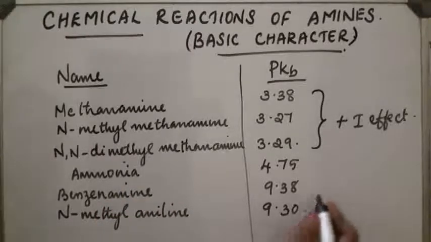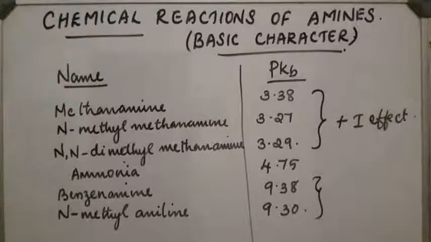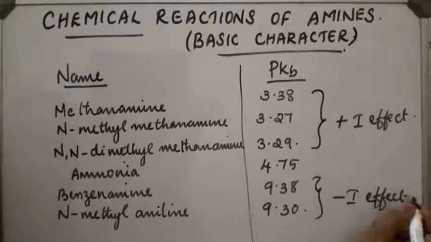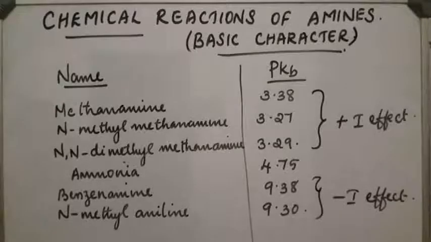Aromatic compounds contain a benzene ring, which is electron withdrawing due to the minus I effect. The electron density on the nitrogen atom decreases, so it is less available for protonation and they are less basic in nature.